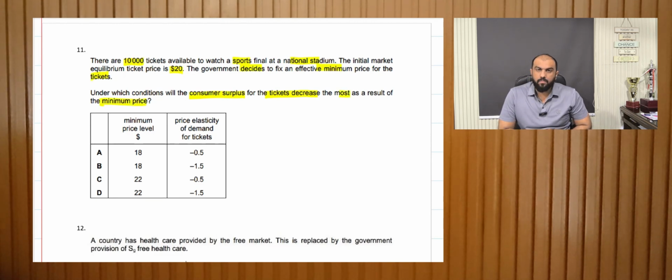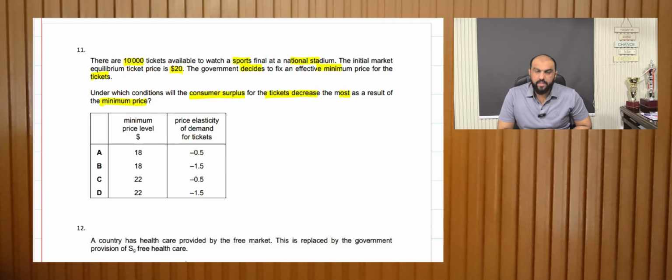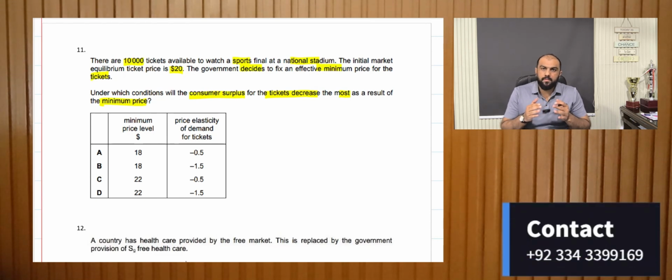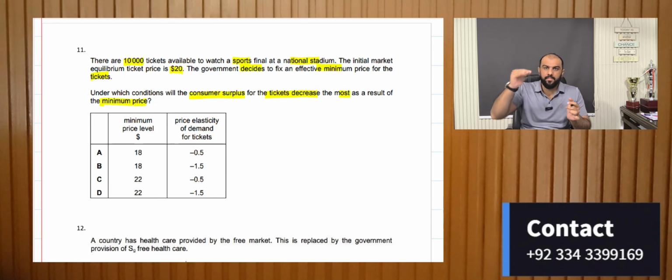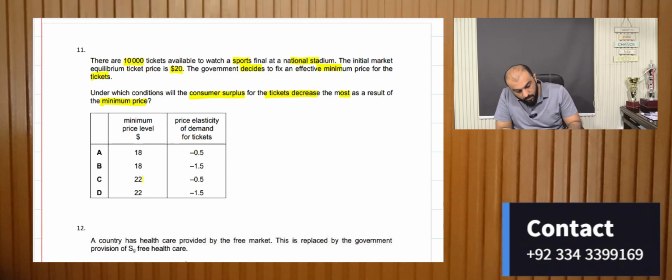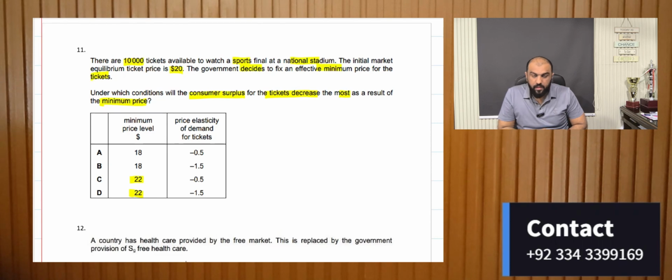Now the equilibrium price is 20, right? And it's an effective minimum price. So minimum prices are supposed to be above the equilibrium. So we get to know the answer is either C or D, right?